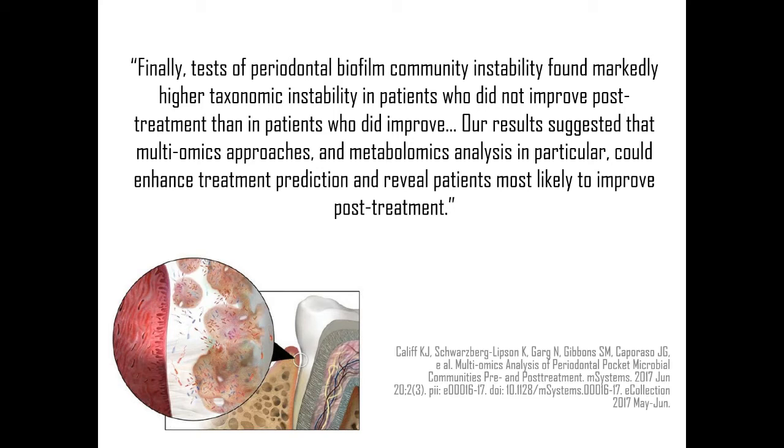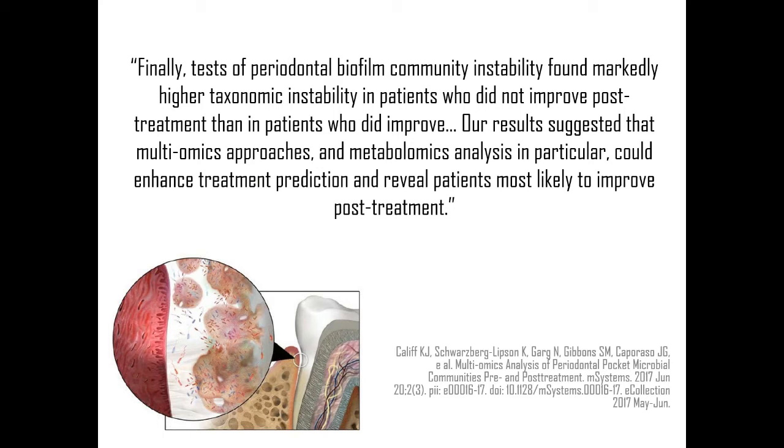One of the things that was interesting about that, I included a study, I thought it was interesting, was that the patients that had, following the therapy, a stable biofilm actually had better improvement in terms of periodontal health and recovery than the patients who had less stable biofilms. So they had a lot greater diversity of microbes in that biofilm, and it was less stable, and they actually did not respond as well to any of the therapies.